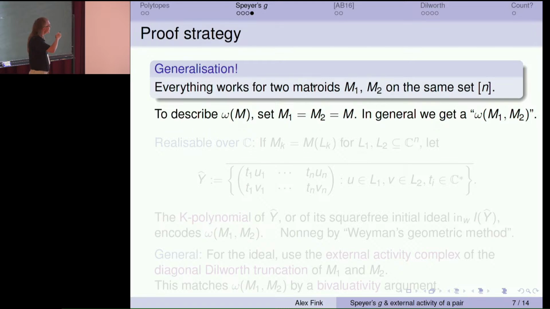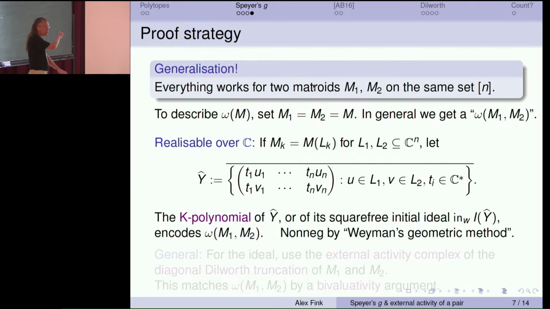And I'll sort of say in one slide how the proof goes, and then focus on the nice combinatorial bits of the proof. So in one slide, how does the proof go? Well, we separate the case of realizable over the complex numbers, and then the general case. Realizable over the complex numbers, we use algebraic geometry. The general case, we do some more combinatorial stuff. So the algebraic geometry, okay, what does it do?